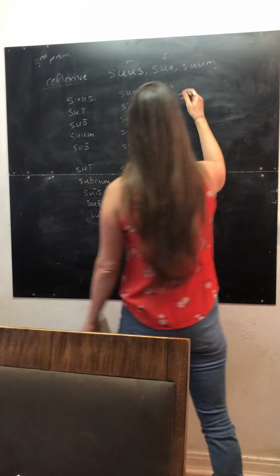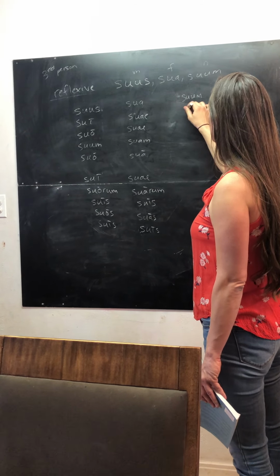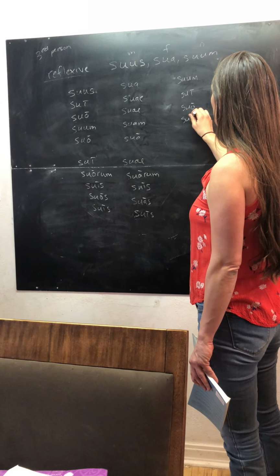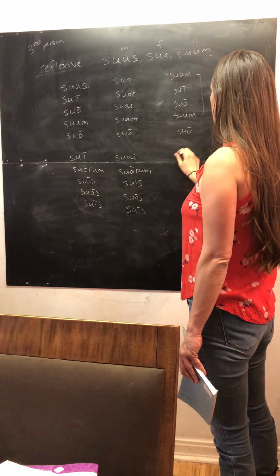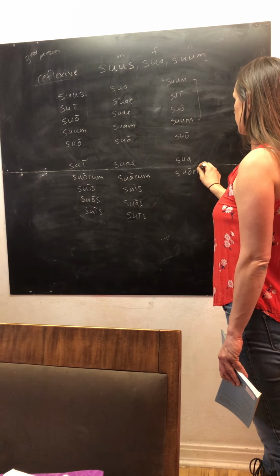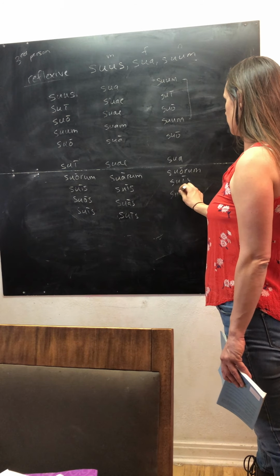And then in the neuter, we just follow the neuter rule. Um, i, o, o, here's the neuter rule, um, and the plural is a, orum, is, a, is. Okay, neuter rule again.